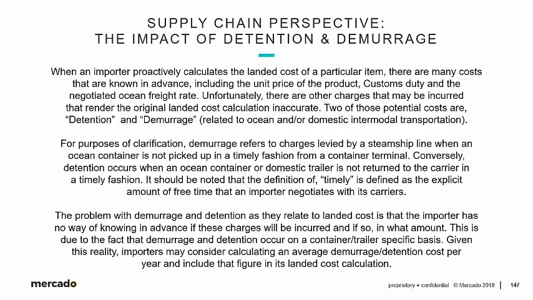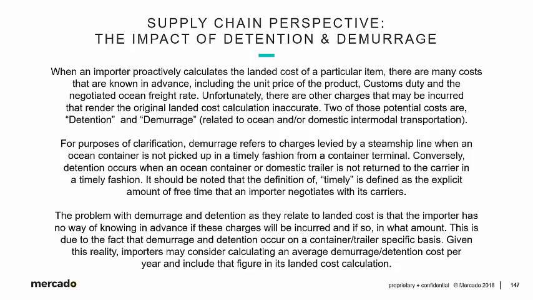Let's wrap up this section with yet another supply chain perspective, the impact of detention and demurrage. We talked a little bit about this. Let's talk about it some more. When an importer proactively calculates the landed cost of a particular item, there are many costs that are known in advance, including the unit price of the product, customs duty, and the negotiated ocean freight rate.